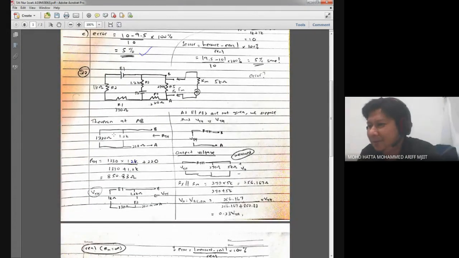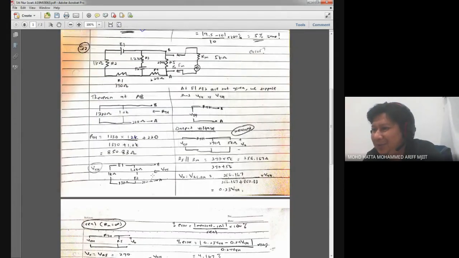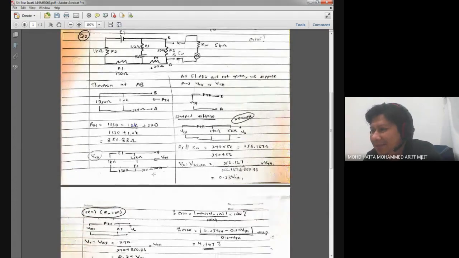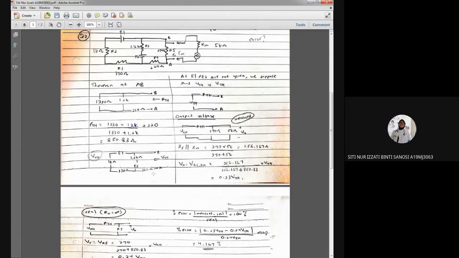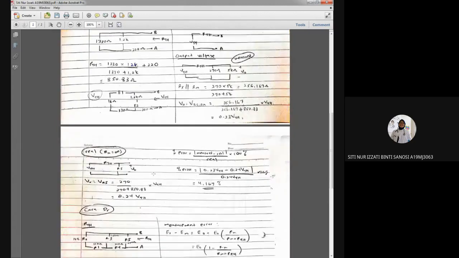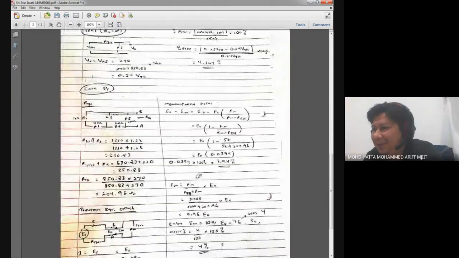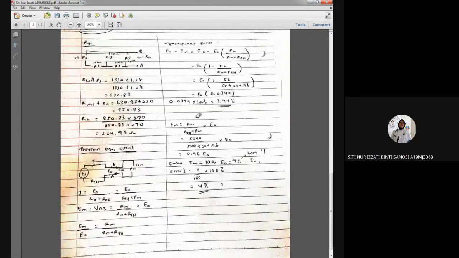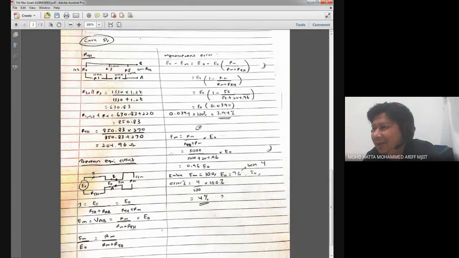All right, now which one is my way and which one is your way, Izzati? Bawah sekali saya ada tulis cara doktor bulat tu. Oh, this one is my way. Yes. And what happened to this measurement error? Which one is mine?